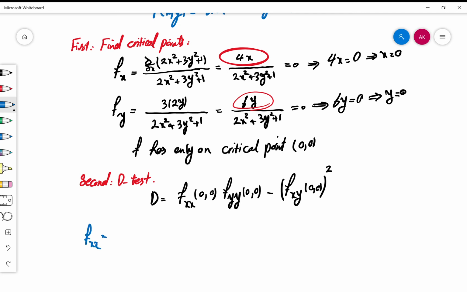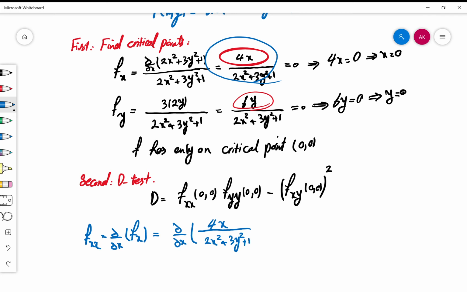Very nice. So let's start finding fxx. Let me write what fxx means. It means that we first find the partial derivative of the function with respect to x, and then differentiate again with respect to x. But we already have that first derivative with respect to x. So we need to find the partial derivative of 4x over 2x² + 3y² + 1. This needs the quotient rule.